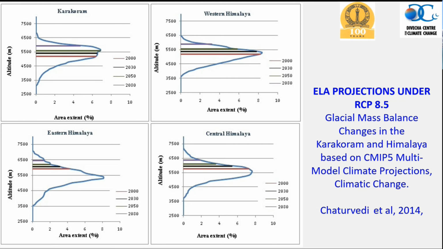It is around 5,000. So in Karakoram we are talking, and in the same area, if we see here, Western Himalaya is really at the peak of area, and in Eastern Himalaya it has significantly gone up. That means the maximum glacier area is slightly below 5,500 meters, but your ELA is much higher than this. And that is true in Central Himalaya.